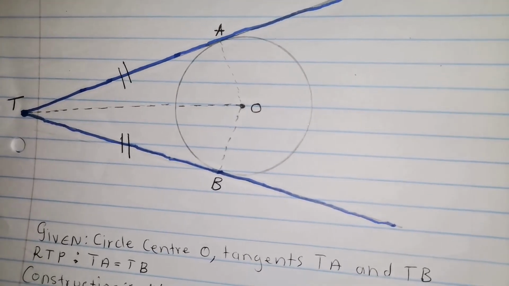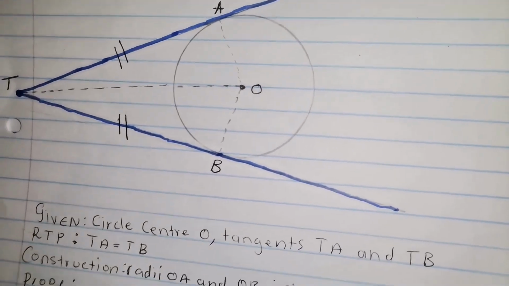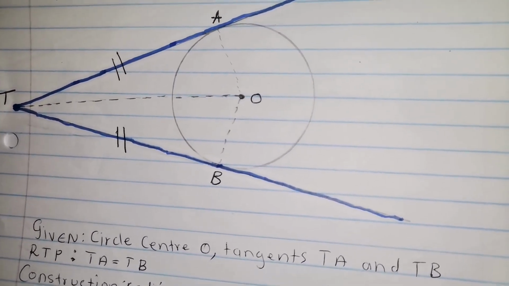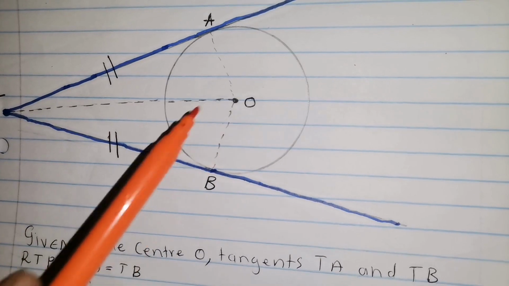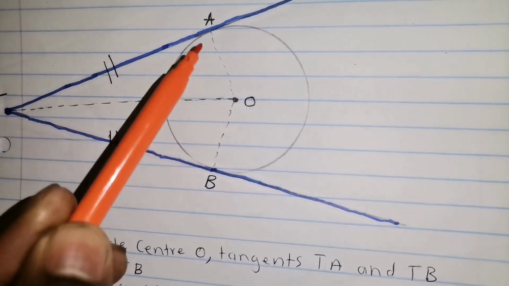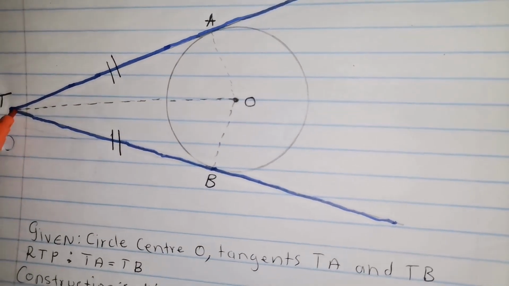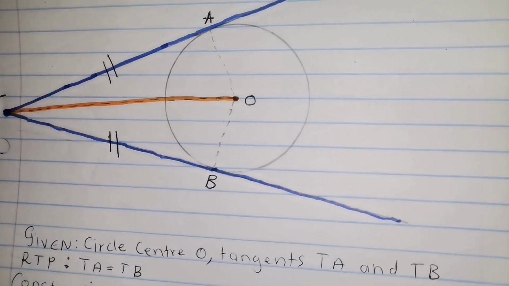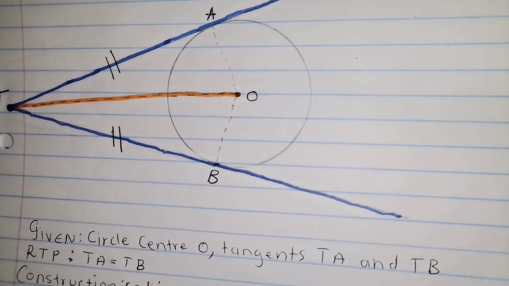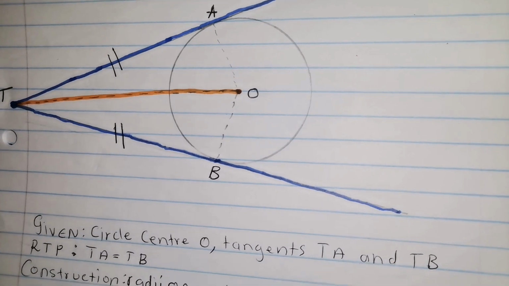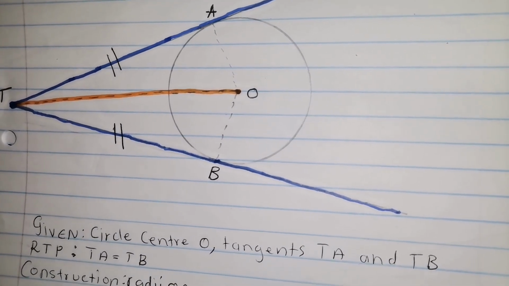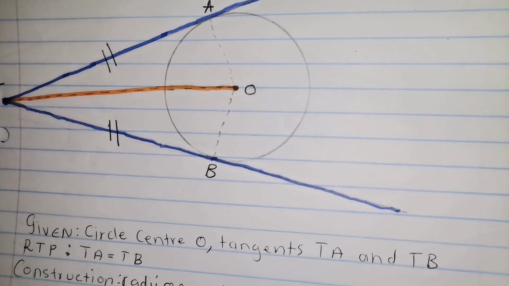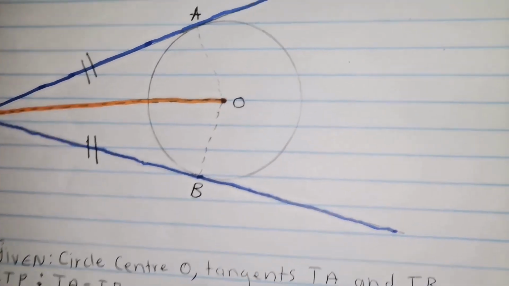Yes. So now let us just try to form two triangles. So I can see this triangle OBT and triangle OAT. Yes, let me just try to make this triangle bold. We have triangle TOB and triangle TOA.